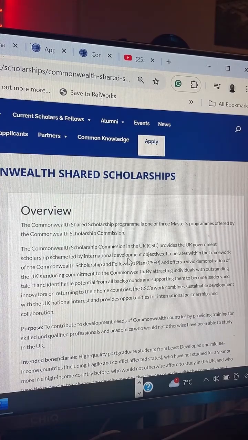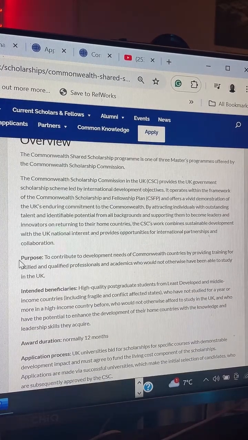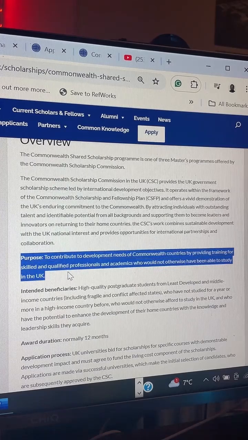So yeah, the Commonwealth Shared Scholarship is one of the master's programs offered by the Commonwealth Scholarship Commission. At the moment, it is a joint approach from the Commonwealth Scholarship Commission and the UK government, covering all the international development projects.